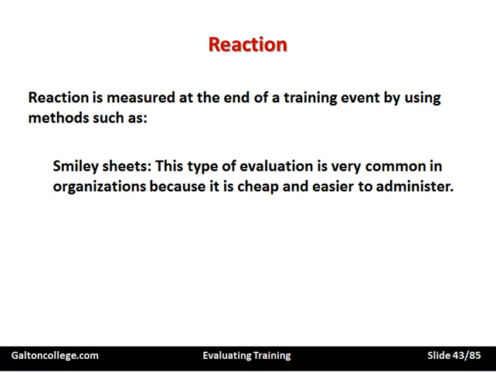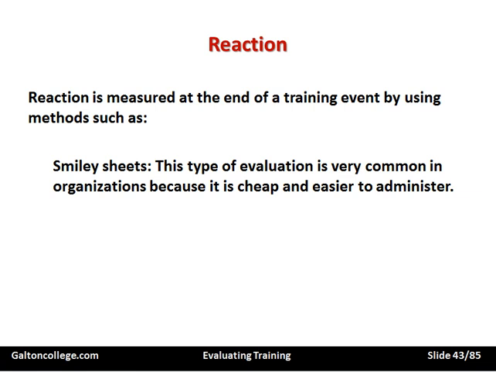But there are different ways of picking up reactions to situations. It could be that feedback is asked for, but if the feedback is one-to-one, it may be seen as intimidating. And also there's an opportunity for the attendee to be dishonest, because they're going to say what they think the organization wants to hear, or the trainer wants to hear.